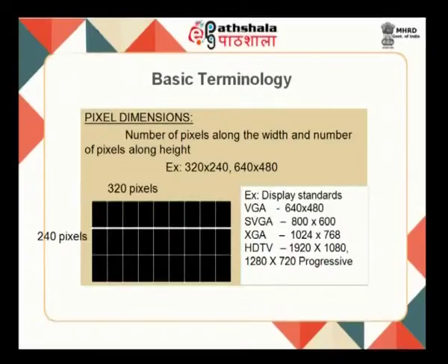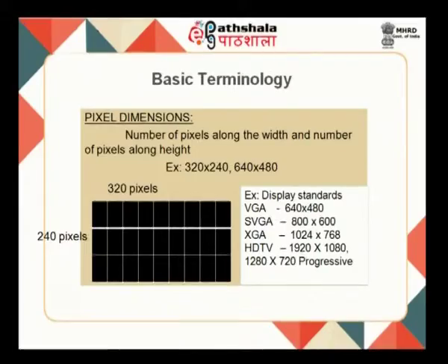If you see, your monitor is actually a collection of pixels, a rectangular array of pixels. Generally your monitors are set to resolutions like 640 by 480, 320 by 240, 1024 by 768, and so on and so forth. You might have seen on your display devices that these are some of the standard display settings.